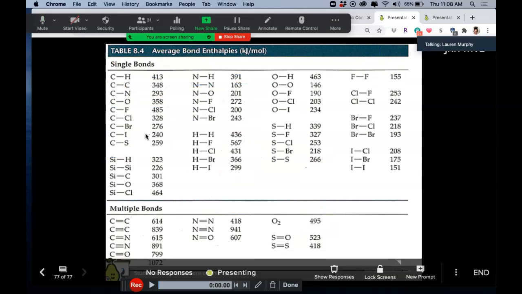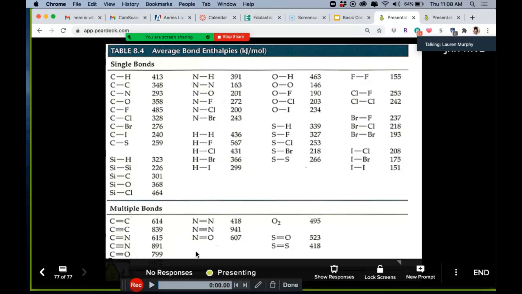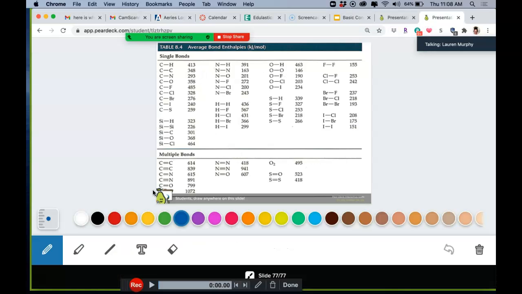And again, I'm not going to finish this in time. So oxygen-oxygen double bond. Uh-oh, I don't see it. It's probably cut off. Oh, O2, 495, right here.